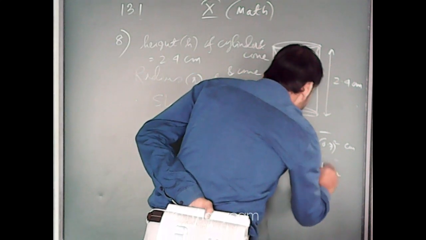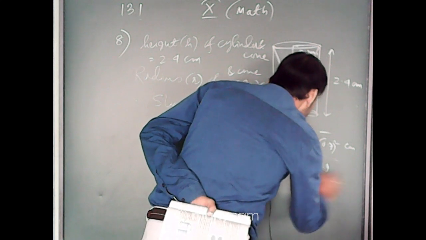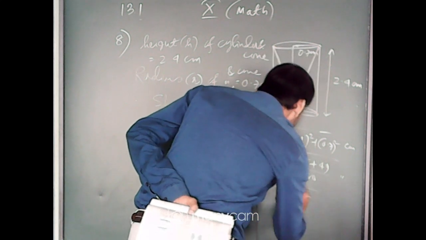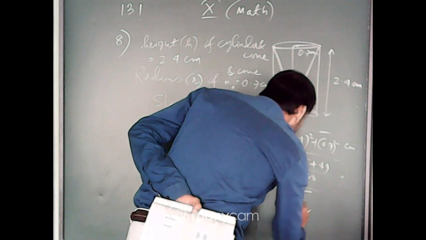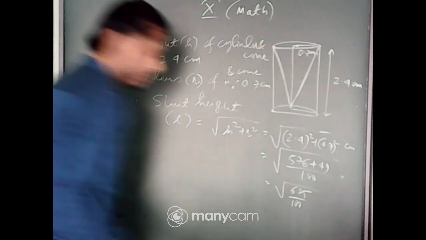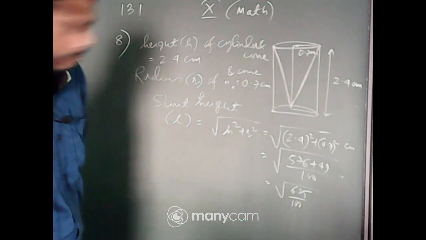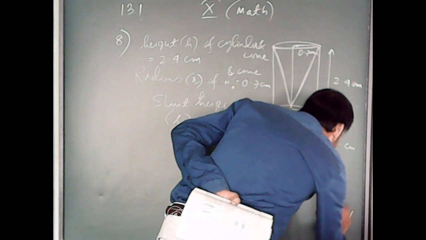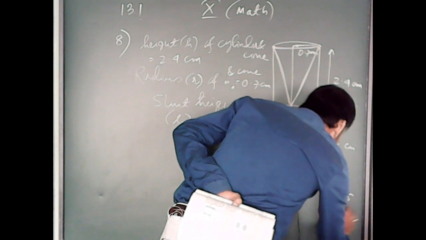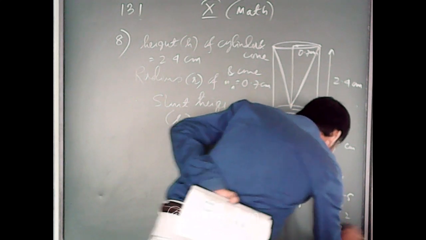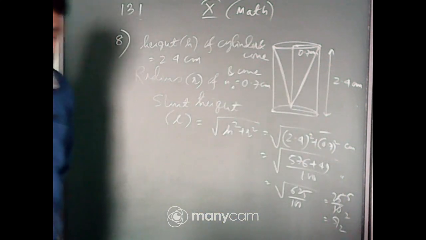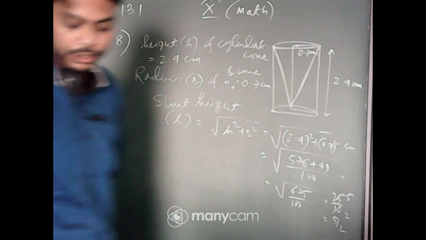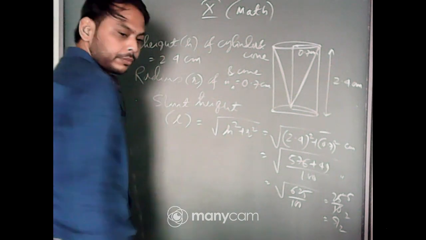Root over (576 plus 49 by 100), that is root over 625 by 100, that is 25 by 10, 5 by 2, or you may say 2.5, isn't it?